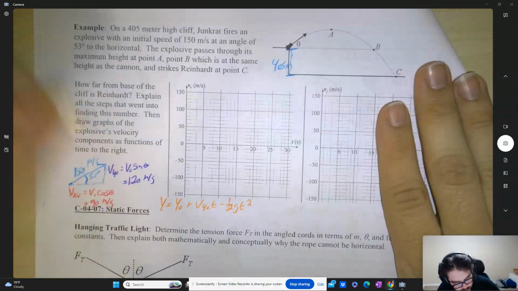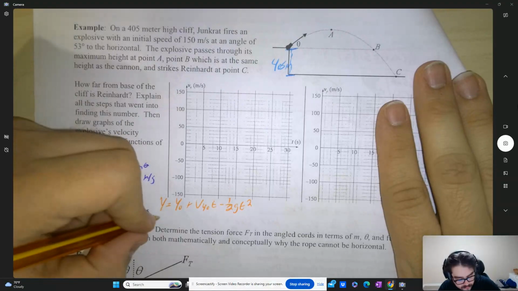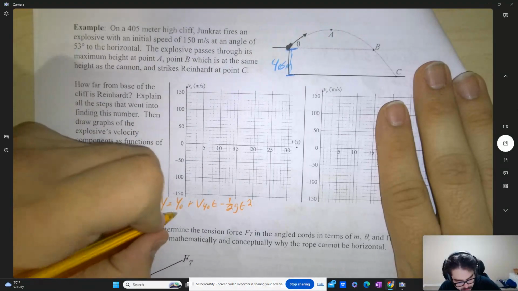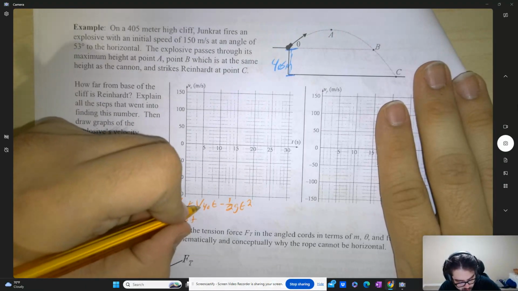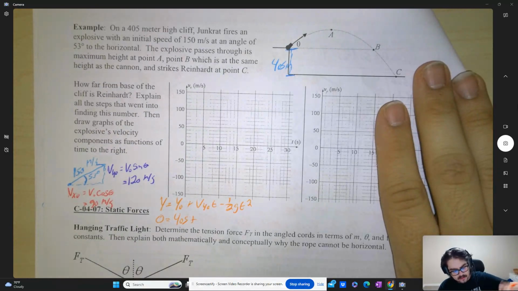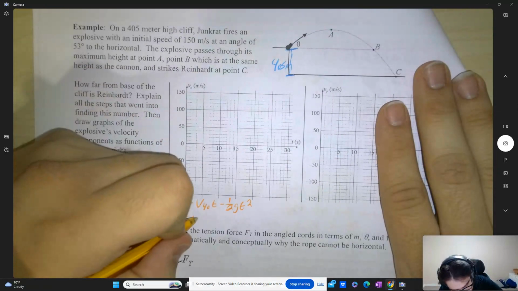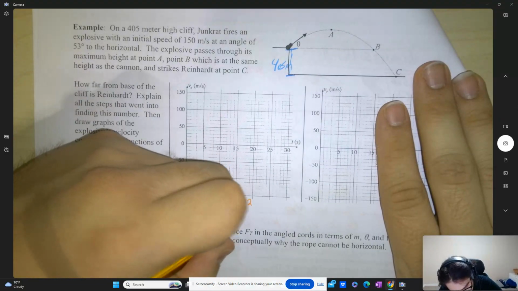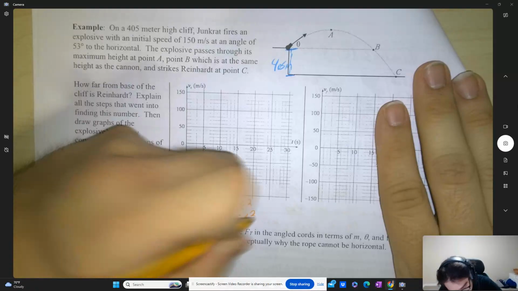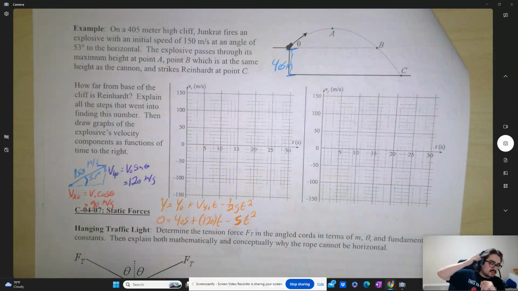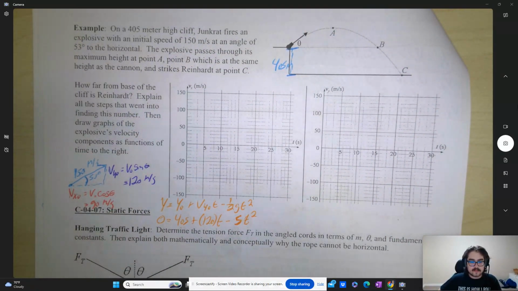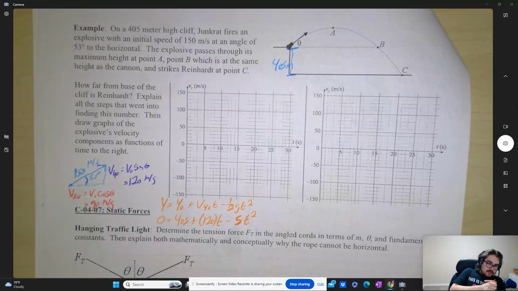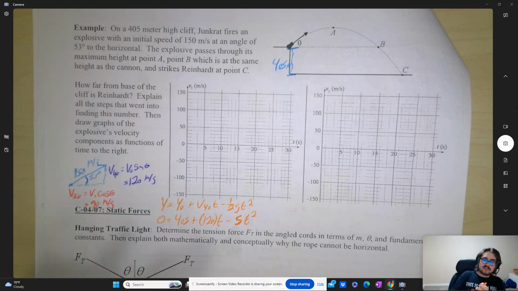So our final height should be 0. Our initial height is 405. Our initial y velocity was 120 times t minus 1 half g, which is 5 t squared. I'm using g equal to 10 because that's just easier. Now, you have this quadratic equation, which normally you'd have to default to the quadratic formula for.